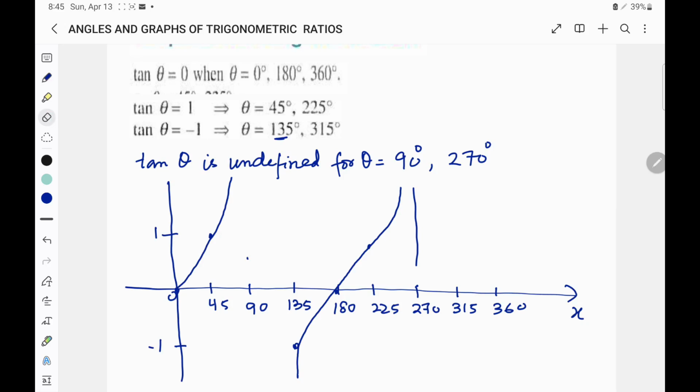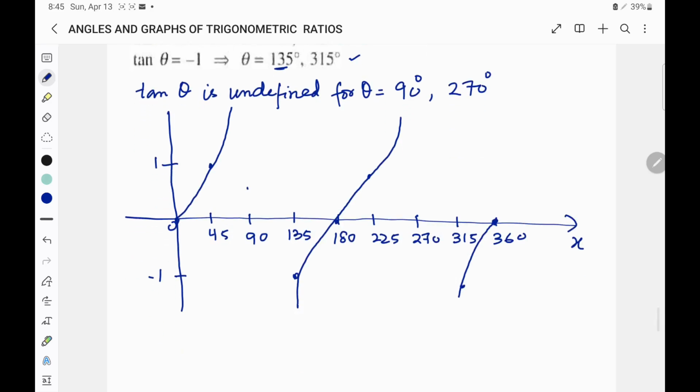Now the third line: at 360 degrees it's 0, and at 315 degrees, just look up, it's -1. Connect this line. And at 270 degrees it's not defined, so it just goes straight.